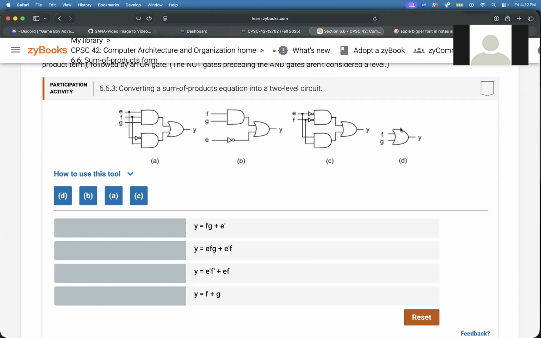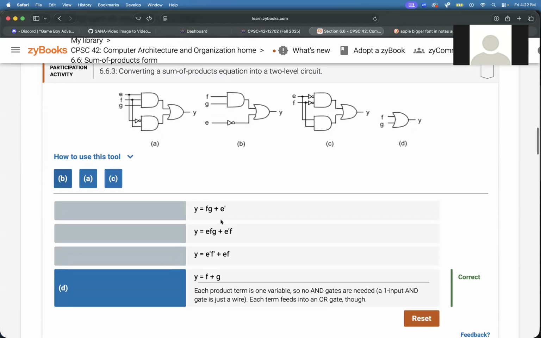So that's F or G, so that's F plus G. So this one is the last one. If you look at the next simplest, maybe this one, this is F, G, and an AND. AND, remember, is written with multiplication. So the top is FG. Actually, just from that, I can tell that it's got to be this one, because none of the others have an FG. So B must be the top one.